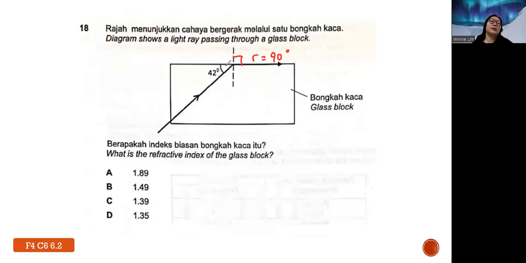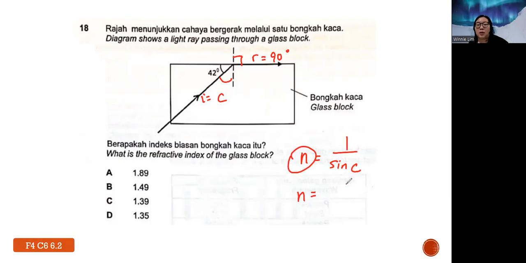That means this is where you get the critical angle. This is an incident angle, but at the same time they name it the critical angle. So under this topic, you have a formula for refractive index: n equals 1 over sine C. So you are basically finding this n.